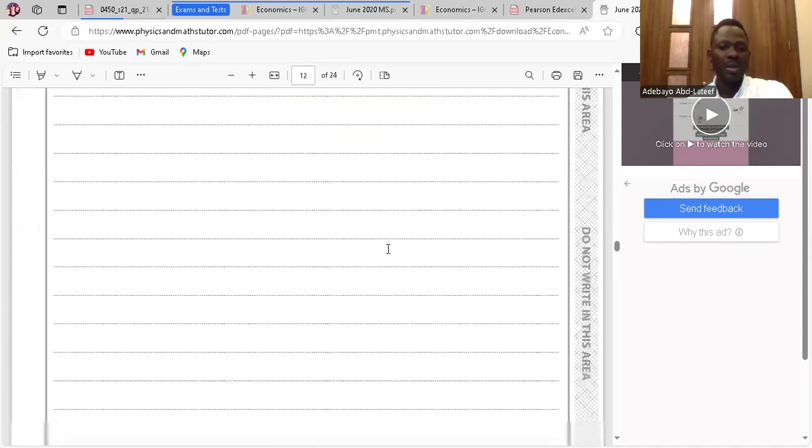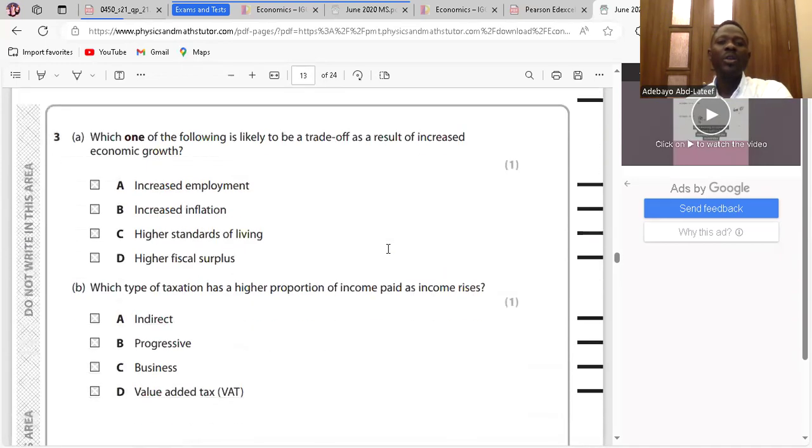Question 3. Are you there? Which one of the following is likely to be a trade-off as a result of increased economic growth? Increased economic growth is the same as increased employment. Increased economic growth is the same as improved standard of living. Increased economic growth is the same as high fiscal policy surplus.